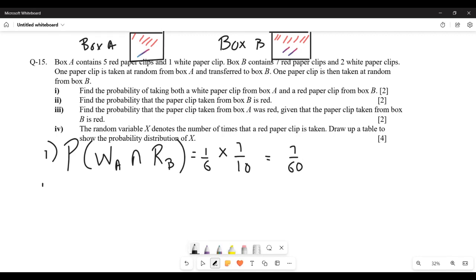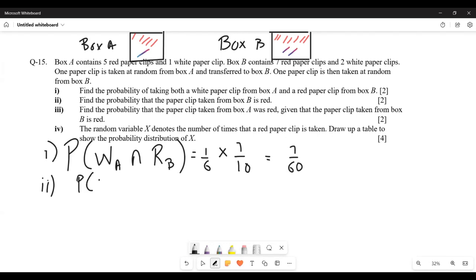Part 2. Find the probability that the paper clip taken from box B is red. Okay. So you could get a red from box A and then a red from box B, or you could get a white from box A and red from box B. So you have to find both these probabilities and add them. एक तो हमने ऊपर वाले part में कर लिया, so we won't be doing that again.